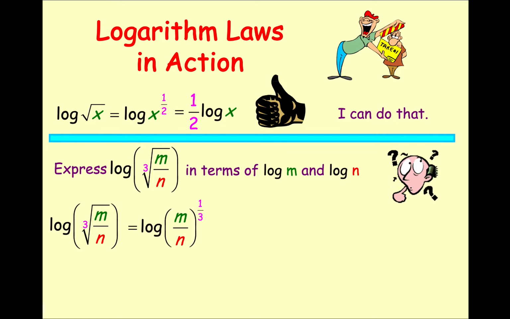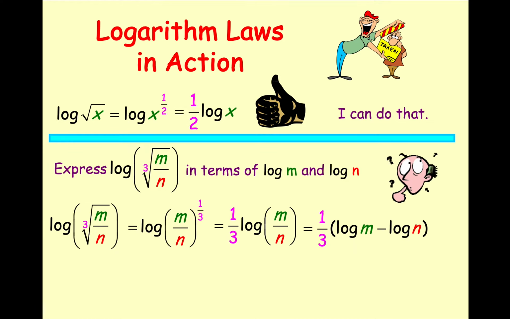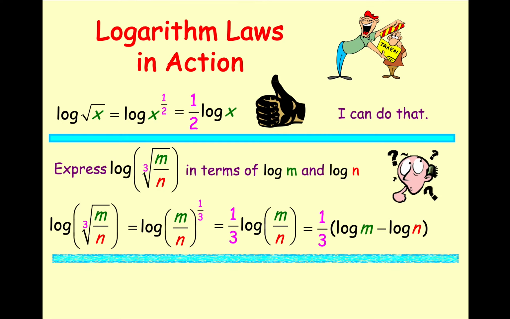So we get log of m over n to the power of a third. Bring the third to the front, so we get 1/3 log of m divided by n. Well, log of m divided by n is log m minus log n. So we get 1/3 (log m minus log n).